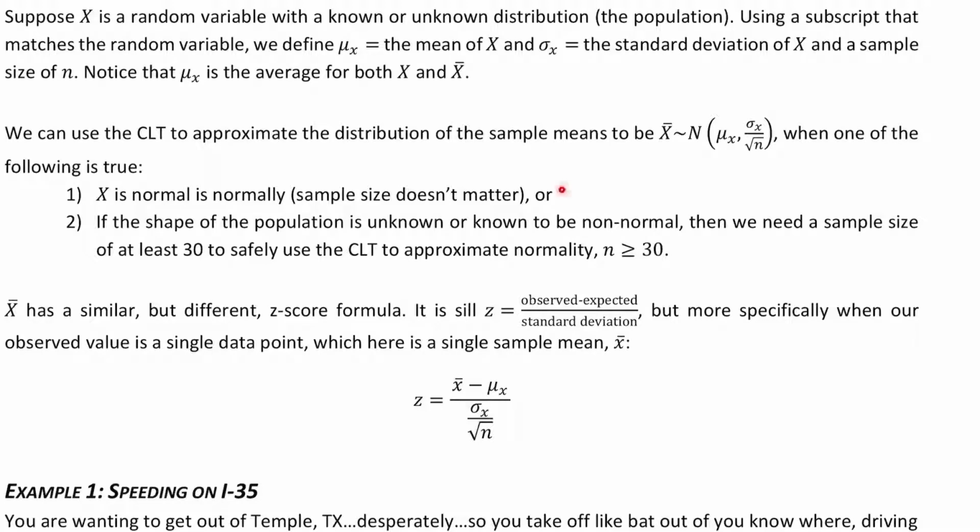So if my population is normal, I do not care about the sample size, the sampling distribution will be normal. But if we don't know if it's normal, or we know for a fact it's not normal, then the sample size has to be big. And in this course, we're going to say big is at least 30. When that's the case, the sampling distribution is going to be normal.